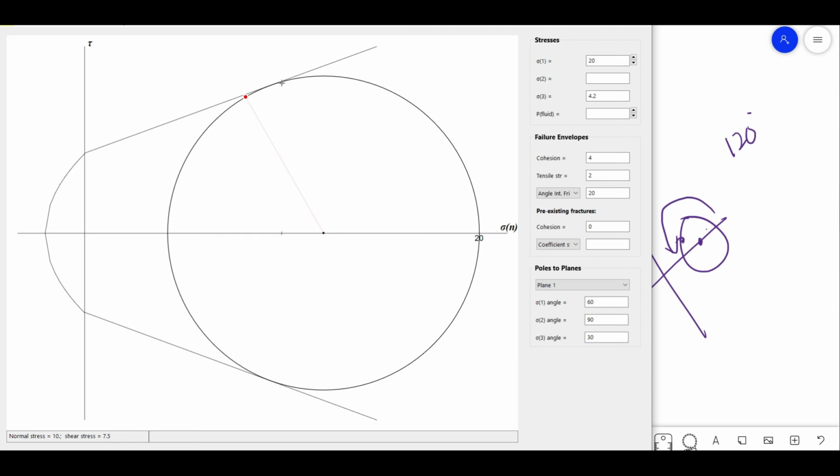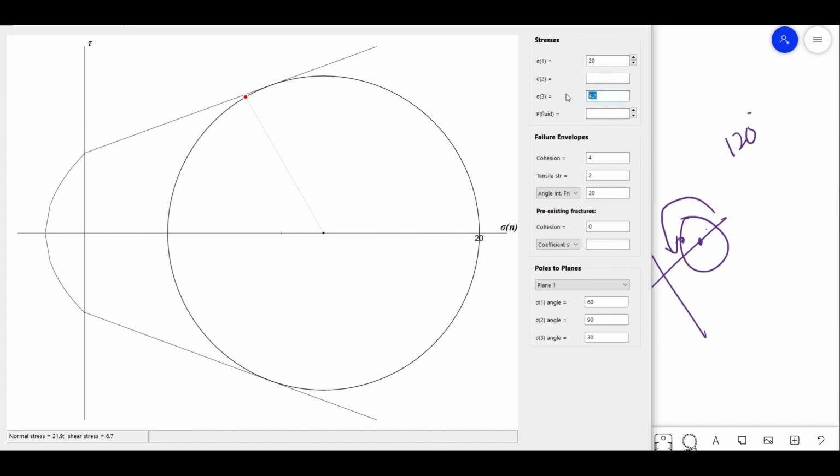Okay, and if we want to know the value of shear stress and normal stress from this point, we can draw a perpendicular to the x-axis and also a perpendicular to the y-axis, and we can measure the value of normal and shear stress.